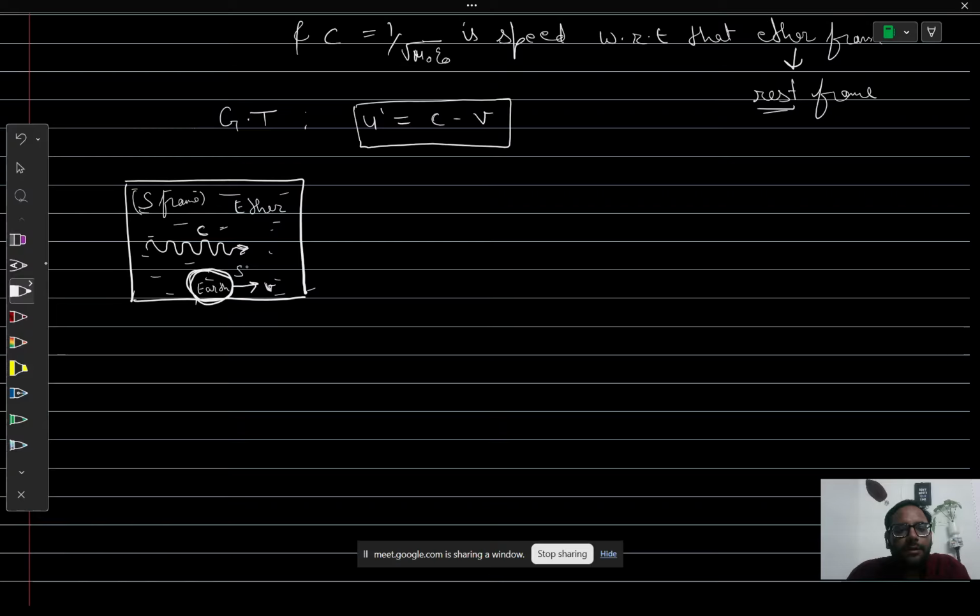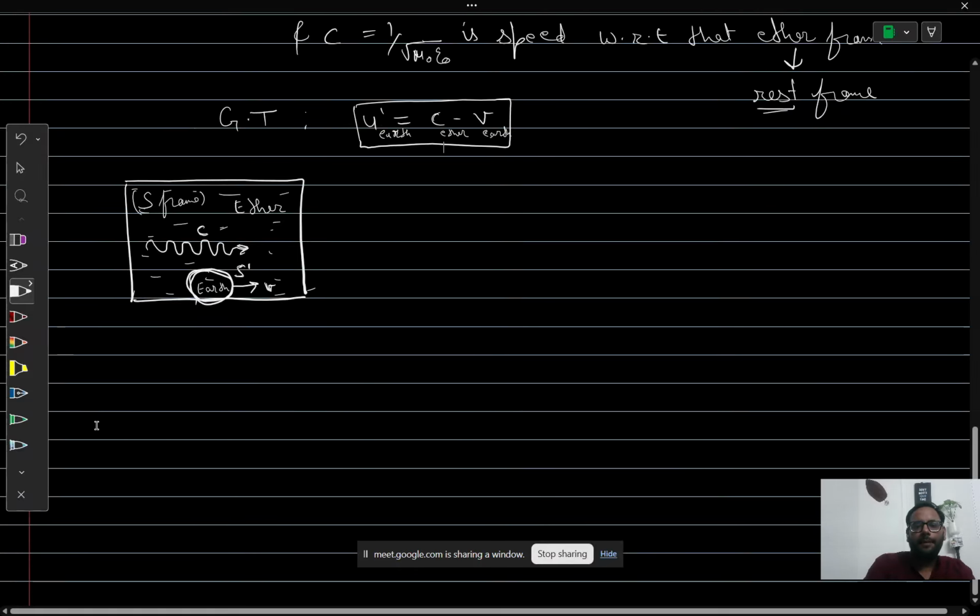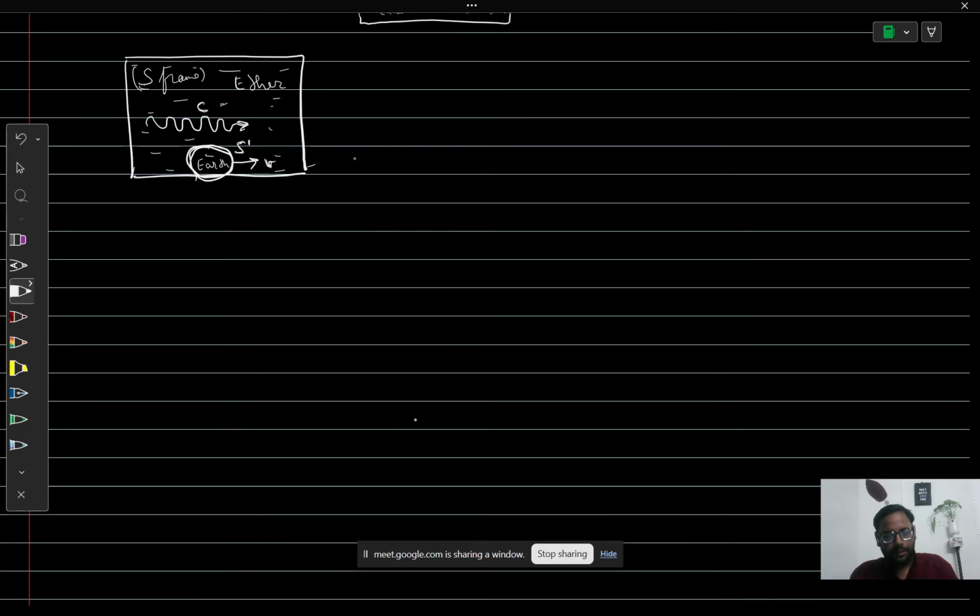The Earth frame can be denoted by the S prime frame because it is moving. This is the velocity of Earth, and this is the velocity with respect to ether. Now let's start the main Michelson-Morley experiment.